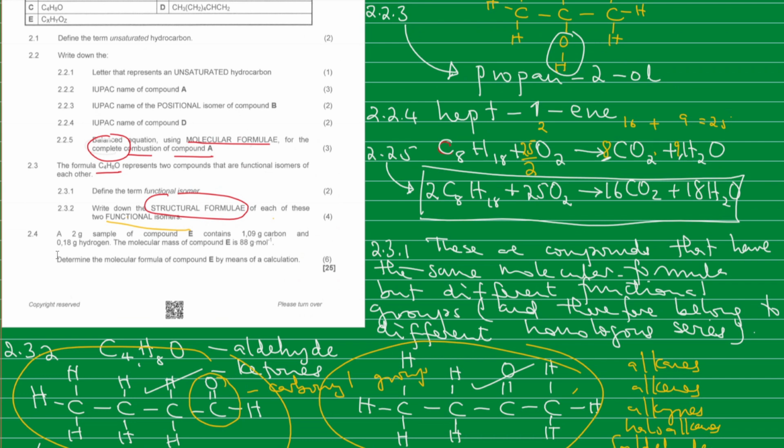So we are given that a 2-gram sample of compound E contains 1.09 grams of carbon and 0.18 grams of hydrogen, and the molecular mass of compound E is this one.